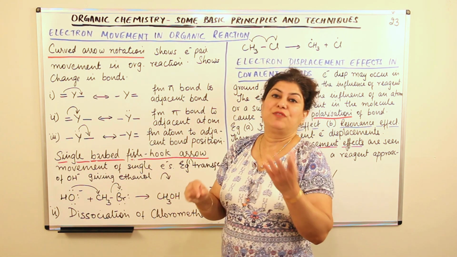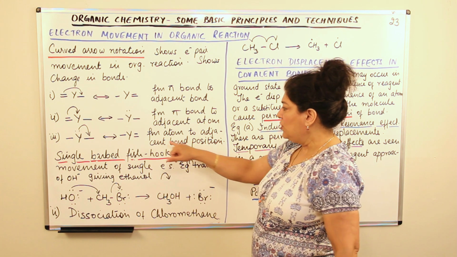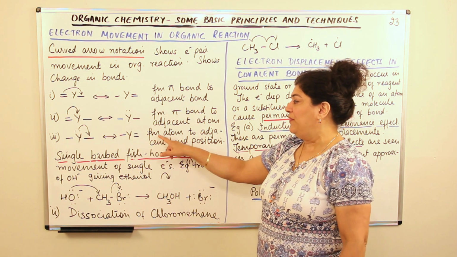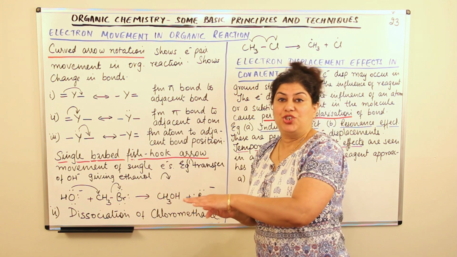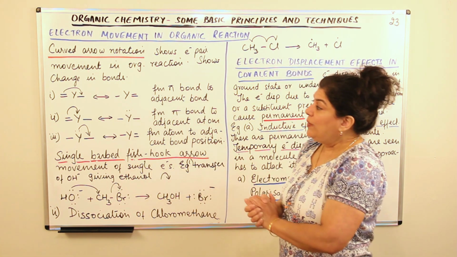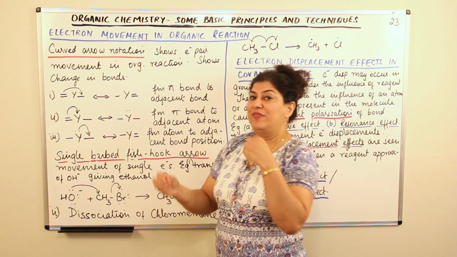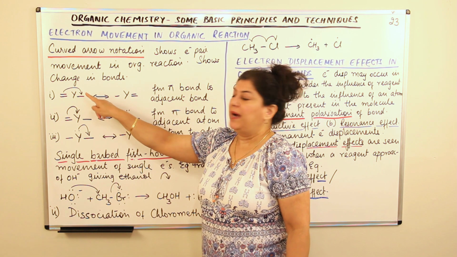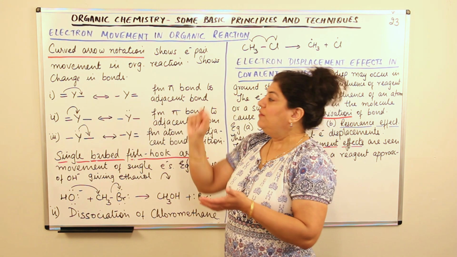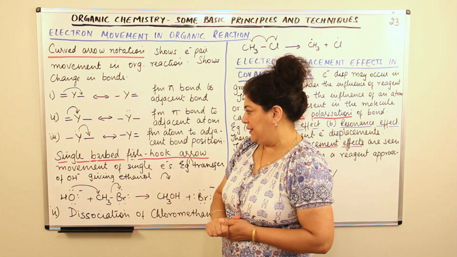The second bond that is formed is a pi bond. So we'll say a pair of electrons is moving from the atom to the adjacent bond position, making it a double bond. So we saw that the movement of electrons can take place in single steps, and these steps are shown by curved arrows which show the movement.